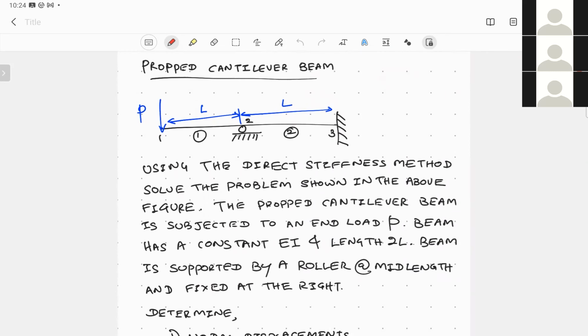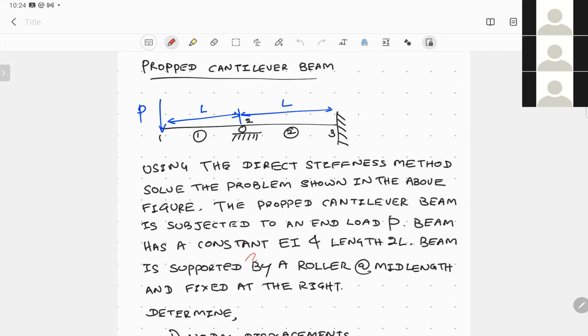So let's try to use this direct stiffness method and analyze this propped cantilever, which is subjected to a load P at the end, and it has been propped, roller supported at the middle, and has been fixed at node number 3, that is at the end.